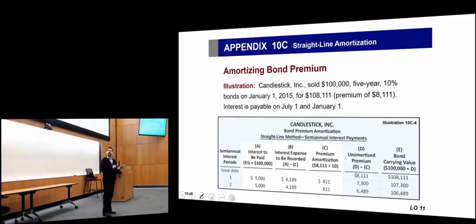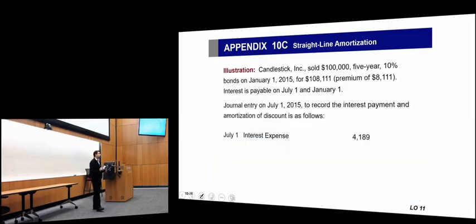Okay, in this case, for the journal entry, interest expense will be debited 4,189, that's equal to 5,000 minus the amortization, and premium will also be debited. Remember that we are trying to decrease it, so it has to be debited.